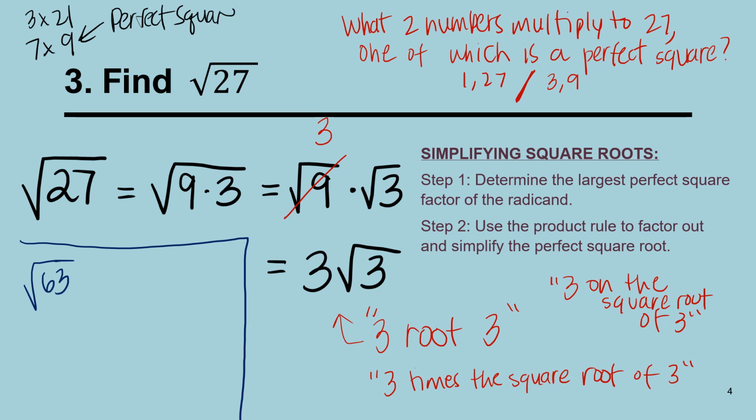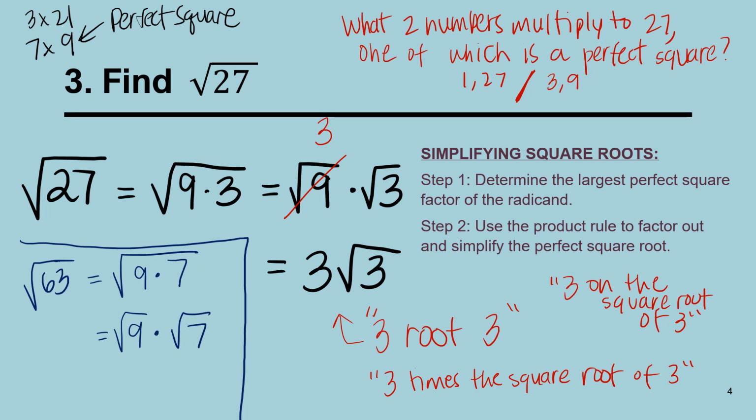So that's helpful. Let's rewrite the square root of 63 as the square root of, and remember, I'm always going to put the perfect square first, so 9 times 7. Then I'm going to use the product rule, which says that if you are multiplying inside the radical, you can split that up into two separate pieces.